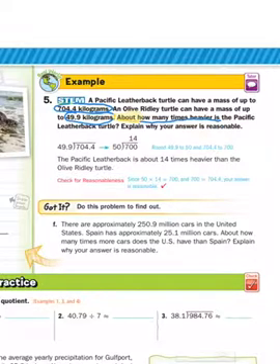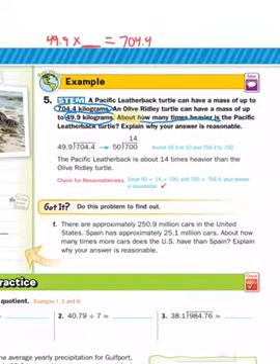Now, when it says about how many times heavier, a lot of people think, oh, this is multiplication. But this is basically what you are answering. You are deciding that the olive ridley turtle, which is 49.9 kilograms, if you multiply it by whatever number, we don't know, you would get the 704 kilograms of the leatherback turtle.